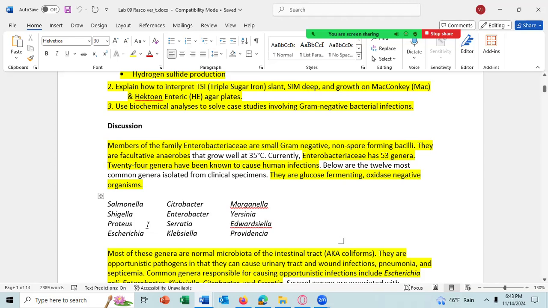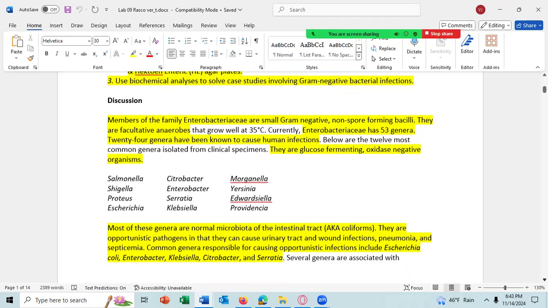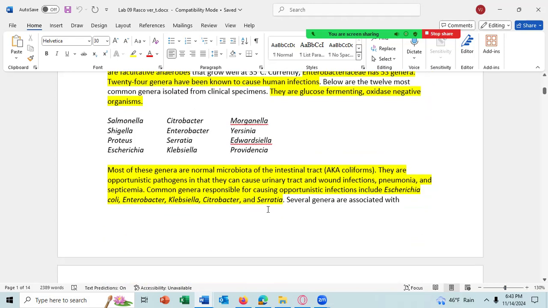These are some of the genera of the family, and most of these genera are normal microbiota of the intestinal tract, and that's why they're called coliforms, because they grow in the colon and the intestines.